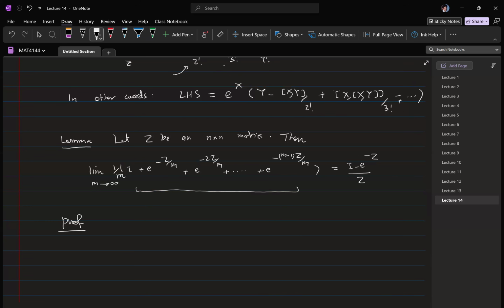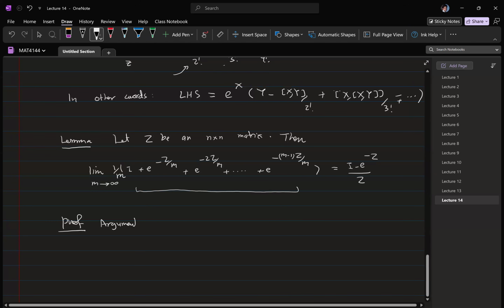So the left-hand side, the argument of the limit, is a Riemann sum for this integral.